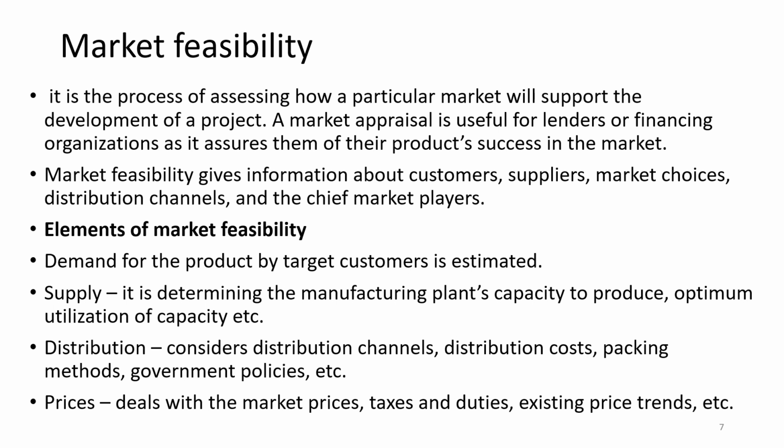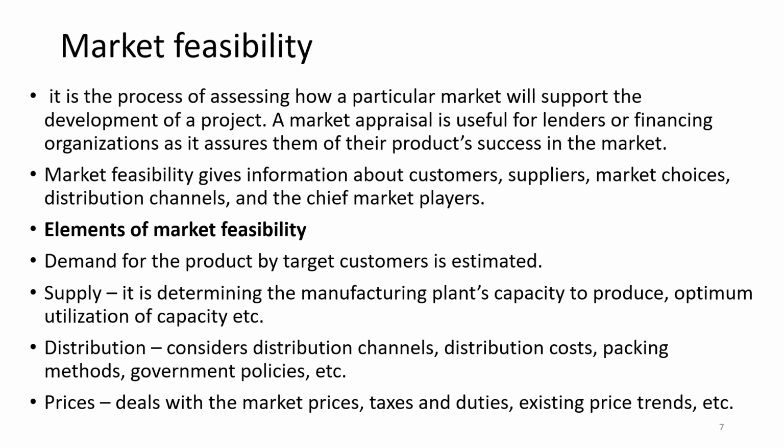So the elements in market feasibility: first, you will consider the demand for your product. Then you will consider whether your manufacturing plant has the capacity to produce to the maximum, and distribution channels you will consider, packing methods you will consider, distribution costs you will consider.